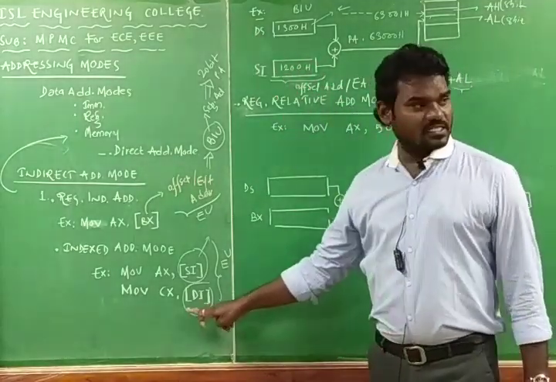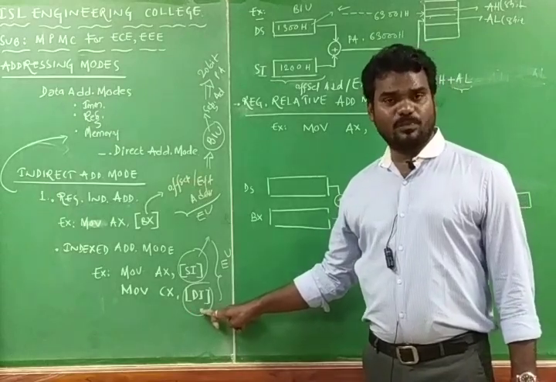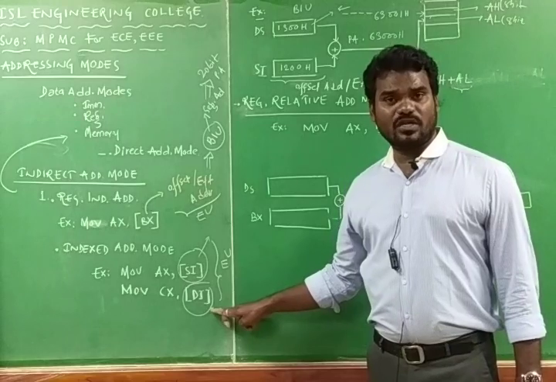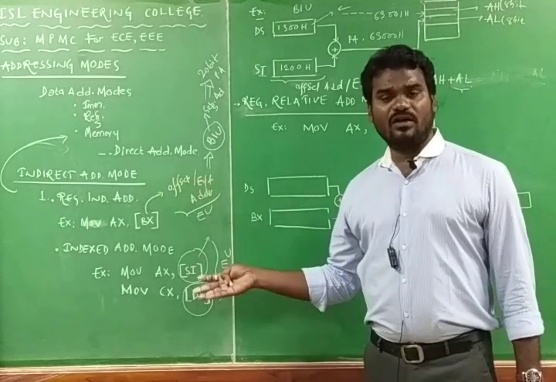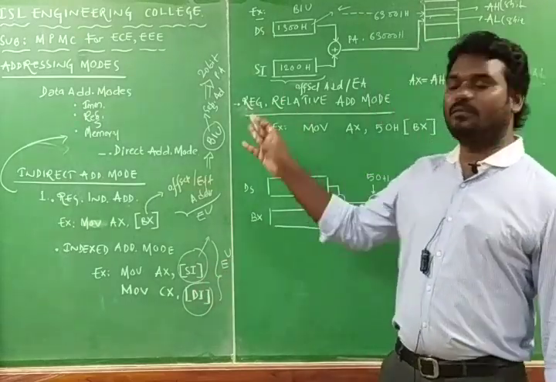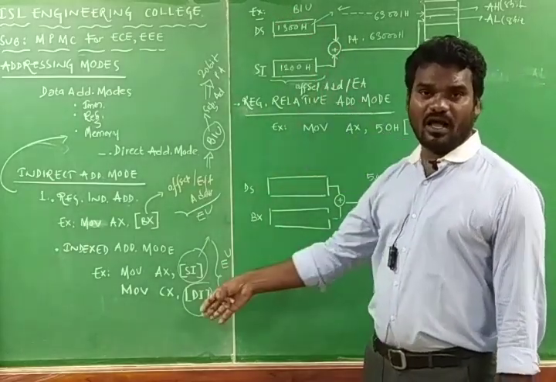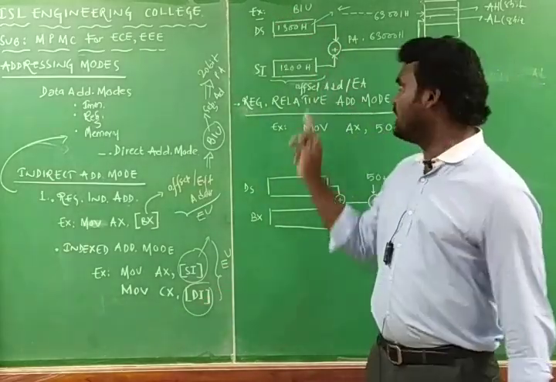In the case of the destination index register, if you specify it in the instruction for storing the offset address, by default the extra segment stores the segment address of the given offset address, so that both generate the physical address.